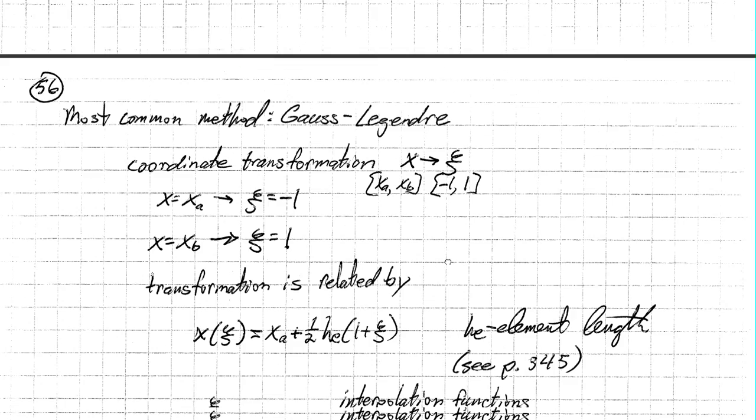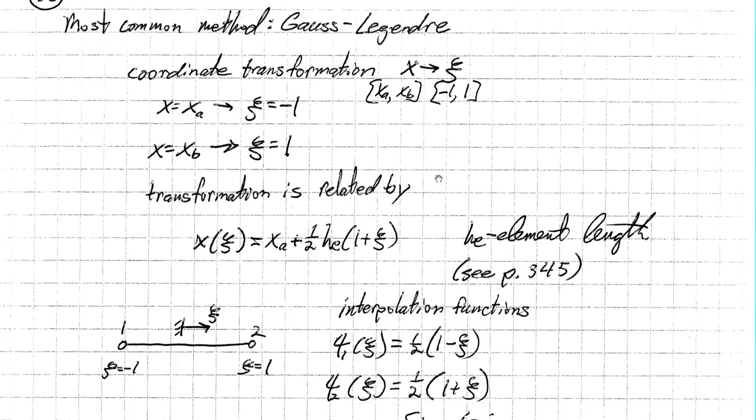Now the most common is Gauss-Legendre, and what we do in this case, very important here, is a coordinate transformation. We go from our true coordinates x, on a physical domain of a system that you can go into the laboratory and measure, and then we convert this to a normalized domain from -1 to 1.